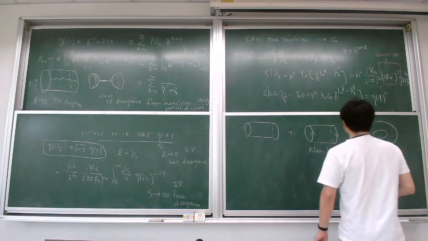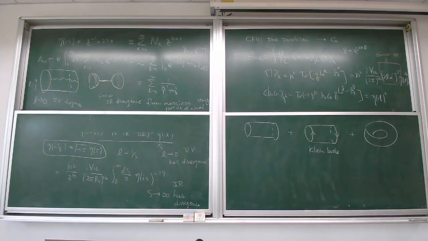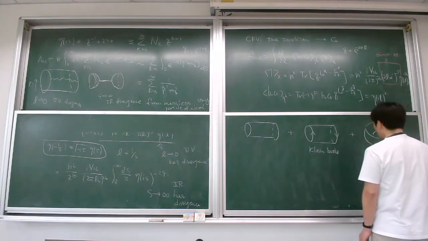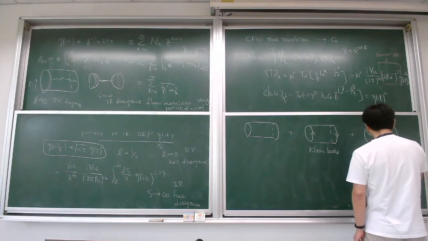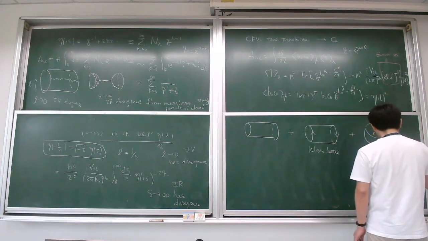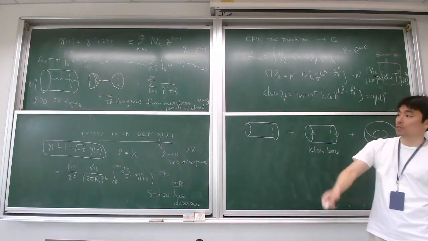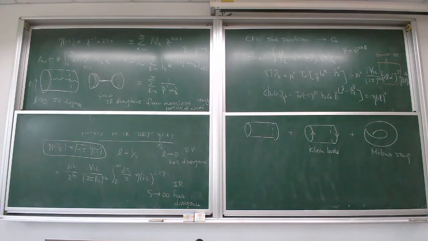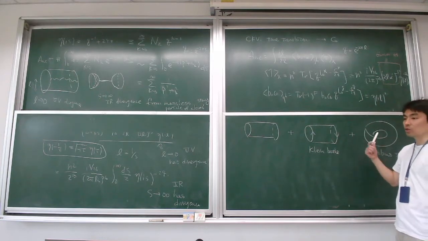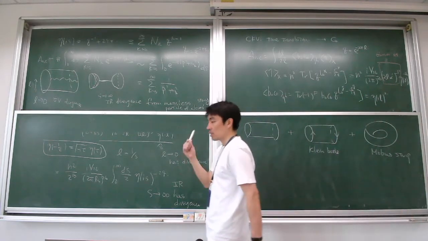Now this orientifold projection omega can incorporate unoriented worldsheets, and we will consider the following: the Klein bottle and the Möbius strip, to cancel that divergence. That's what we are going to see from the second half of the lecture. I will explain why we need to add these two to counter this divergence.